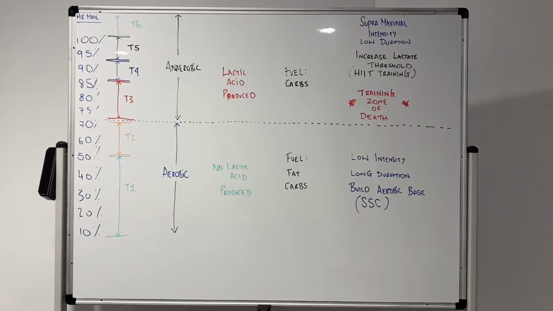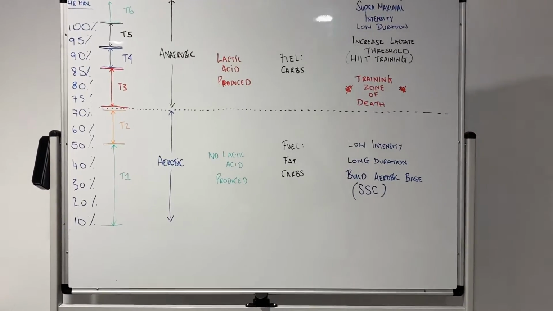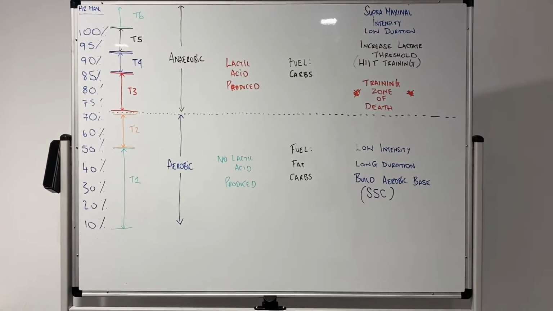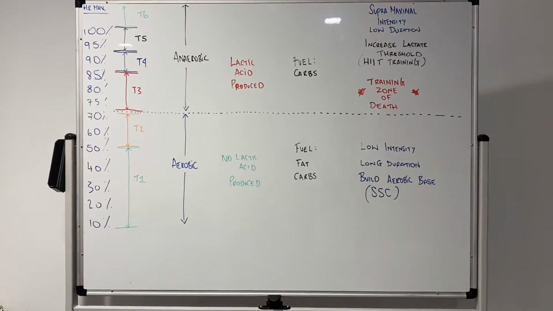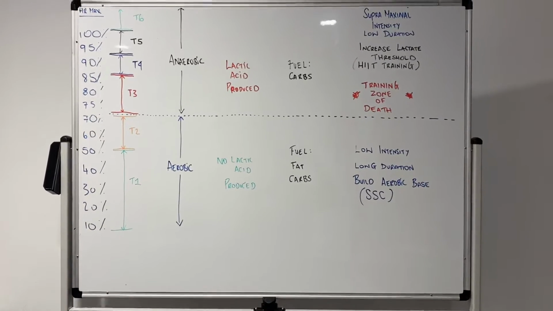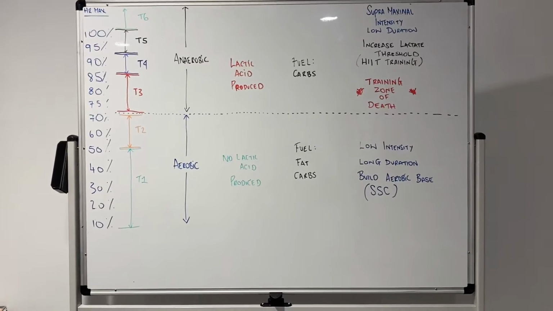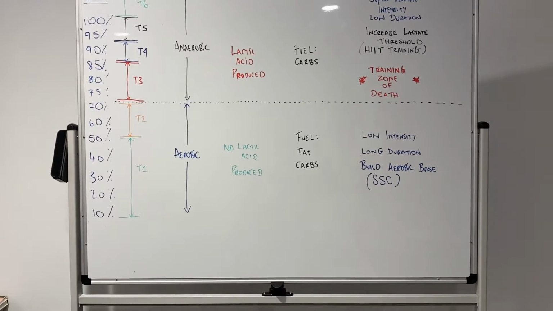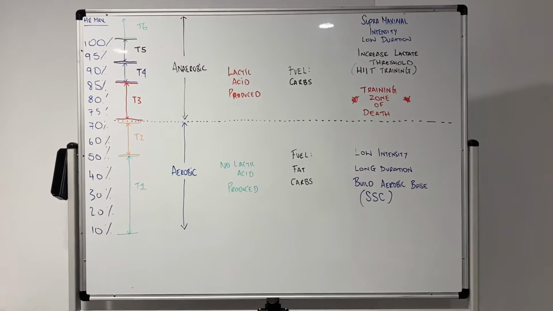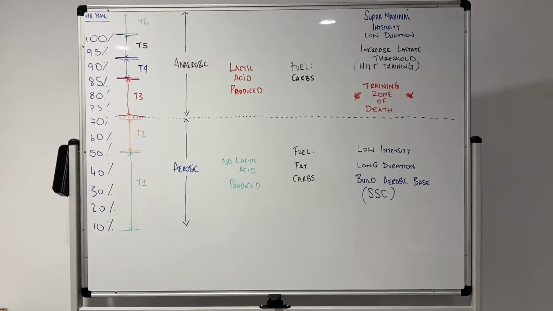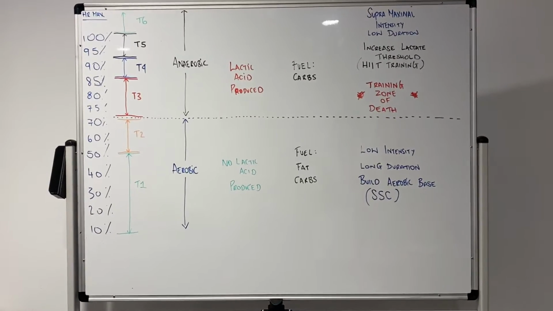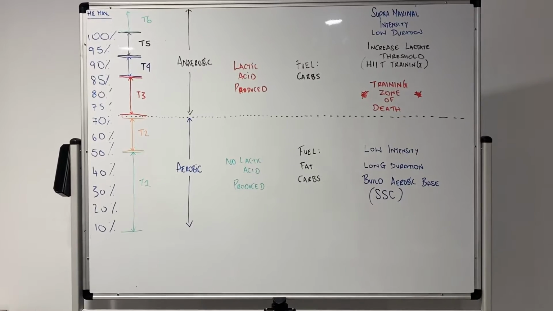In layman's terms, if someone was not able to monitor their heart rate using a heart rate strap or a watch, you would be talking about someone able to continue this aerobic based training for long periods of time, not getting out of breath. It would be something along the lines of walking or jogging for long periods of time, in excess of hours, or getting into the multiples of hours.